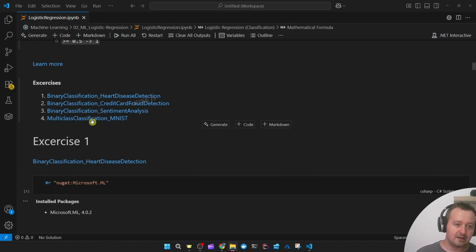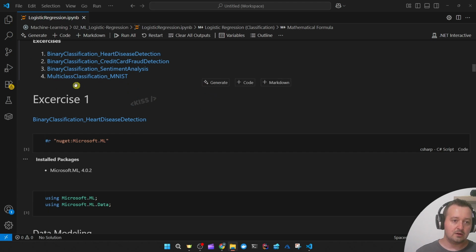And then the next one is the multi-class classification, which is going to try to predict the handwritten digit, so between 0 and 9. And that is done by training on image data. That's why it's interesting. So the sentiment analysis is training on textual data, and this one is on imagery. And then it's going to convert those images into pixel values, and based on those pixel values, it's going to try to predict which handwritten digit you give it.